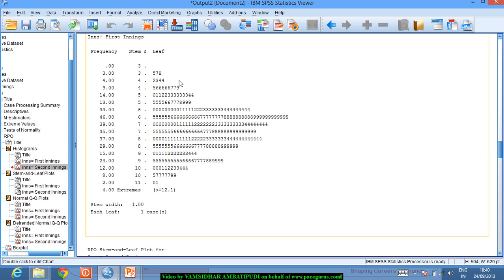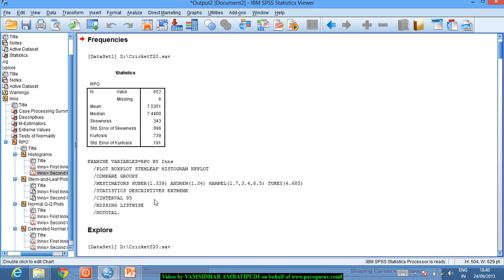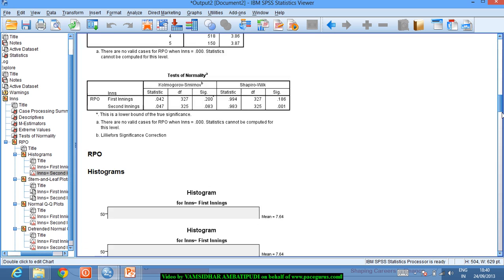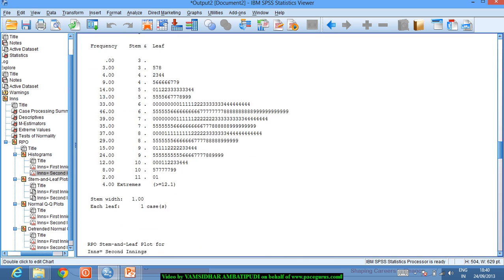Once you look at it from the opposite direction, from the left, you see some kind of a pattern in the data. You try to join the corners, you see some kind of pattern. So that is also another mechanism through which I can look at the normality in the chart, even through the stem and leaf chart.